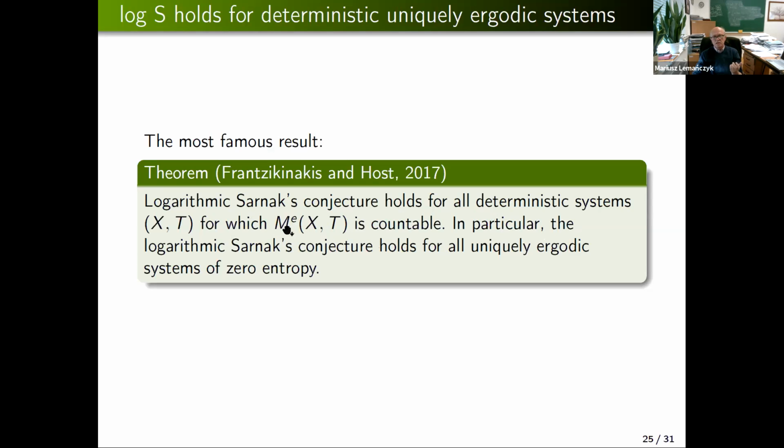If you look at extremal points, the ergodic measures, we have only countably many ergodic measures. In particular, they proved that if we have just one invariant measure, which is quite common in dynamics, that you have precisely one invariant measure, so if we have a system of zero entropy, then the logarithmic Sarnak conjecture holds.